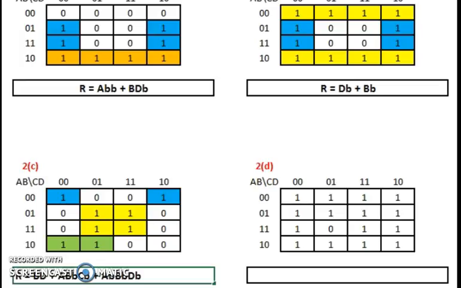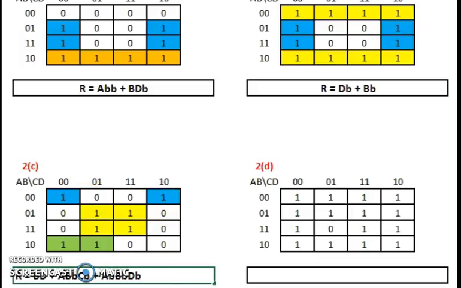Okay, so that is the complete output of 2C. So BD for this yellow group, A, B bar, C bar for this green group, and A bar, B bar, D bar for this blue group.